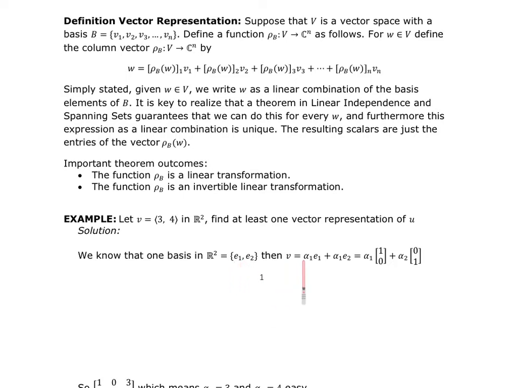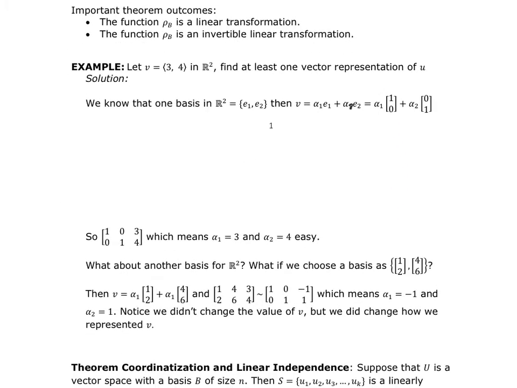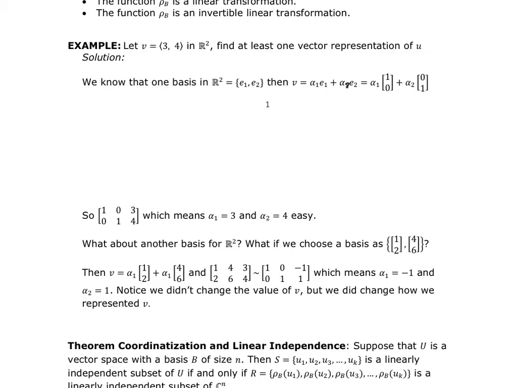So v would be alpha 1 e1 plus alpha 2 e2, which we know would be our unit vectors (1, 0) and (0, 1), times alpha 1, alpha 2. Then we put this into a matrix and augment on what I want the vector to be, which means I get alpha 1 to be 3 and alpha 2 to be 4. Okay, well that was easy.